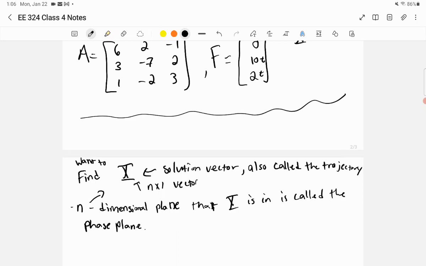It turns out that for a linear system, the solution is unique so long as the functions are continuous on a common interval.